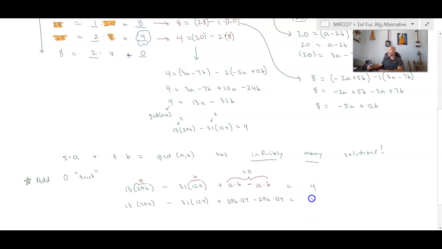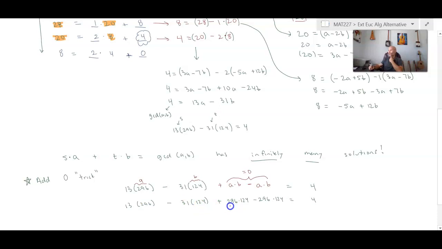And that all equals 4. Again, these two terms still zero out. But if I think about the 296 and 124 as I have 296 124s and I have negative 296 124s, then I can actually appropriately add them as multiples to, I currently have 13 296s here.